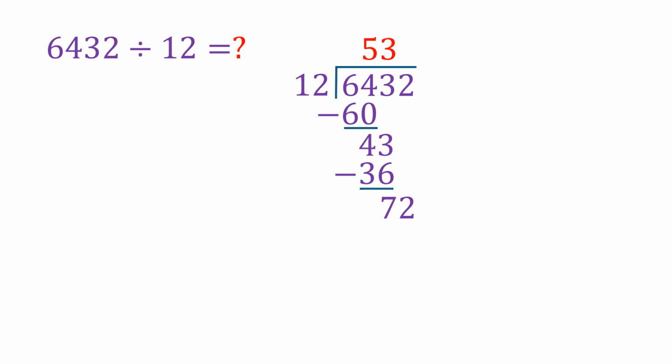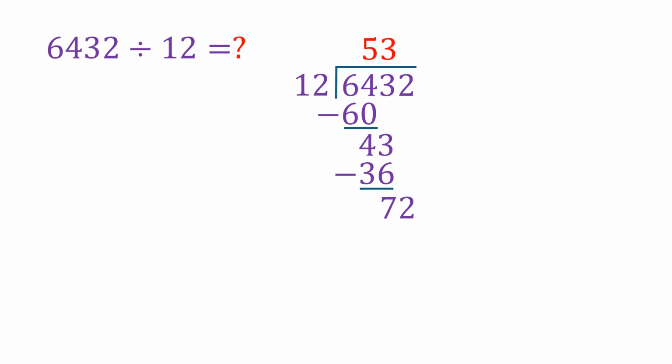We're going to find a number that, if you multiply it by 12, will be close to 72, which should be the closest, or it can be exact. If you multiply 5 times 12, it's 60, which is close to 72. It can be 5 because it's already close to 72, but you can try 6.